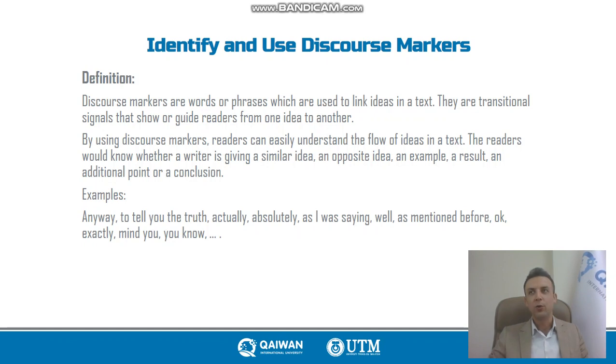So, when we talk about writing a standard paragraph, one element is to use transitions. Why? Because these transitions can connect the ideas and create a smooth flow of ideas and sentences in the paragraph. The role of discourse markers, especially in speaking, is actually the same.